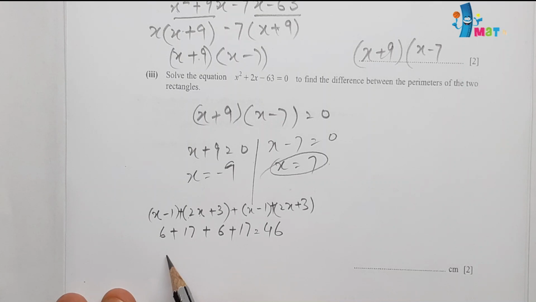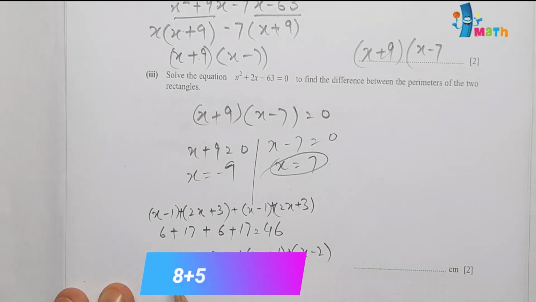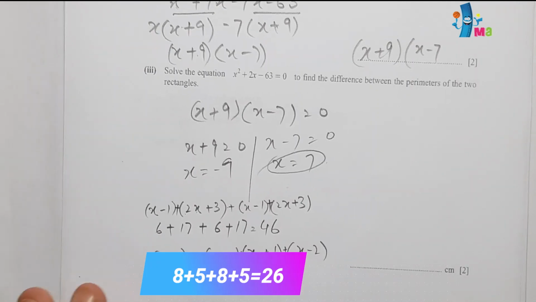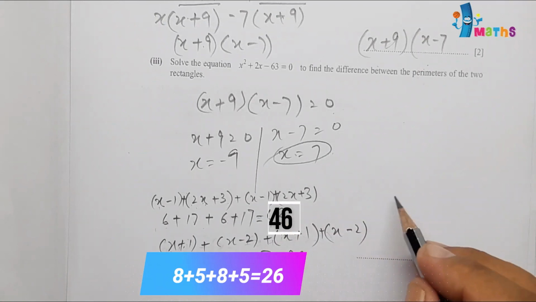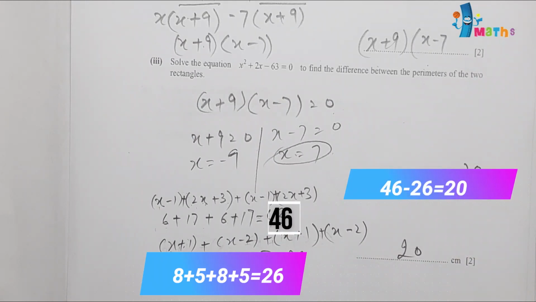And if we replace in the smaller rectangle, that is x plus 1 plus x minus 2, and again we can replace x plus 1 and x minus 2. Equal to 20, so answer will be 20.